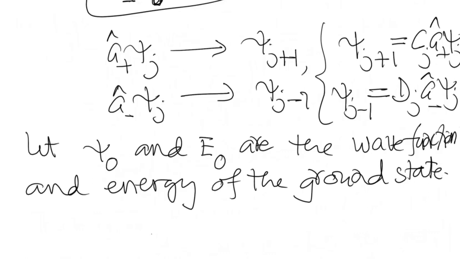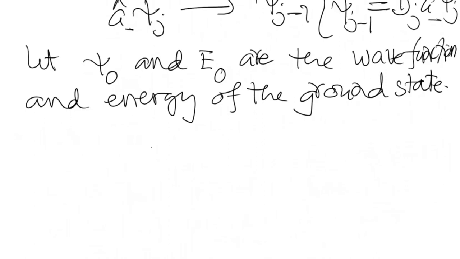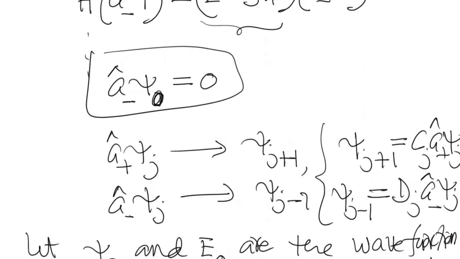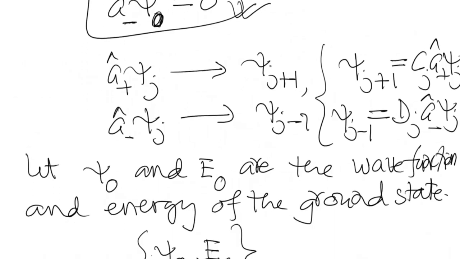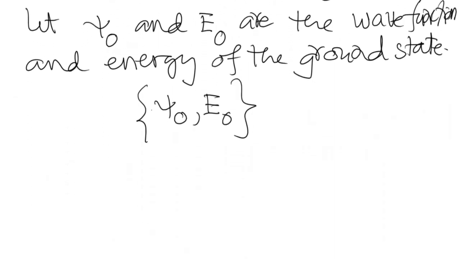Okay, then, we would like to find this psi naught and E naught. The equation that I wrote down here would give you psi naught, because we know the operator a minus, and the energy.